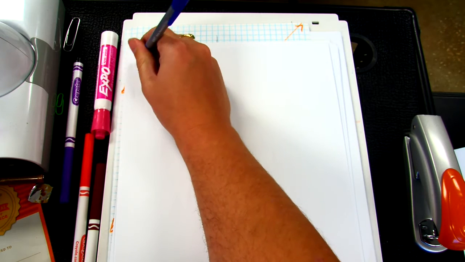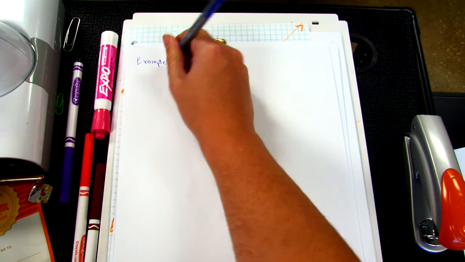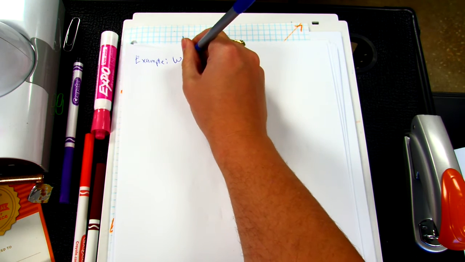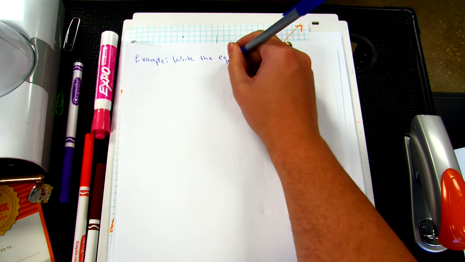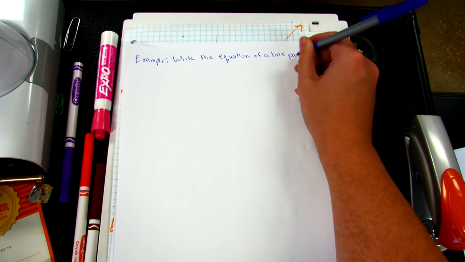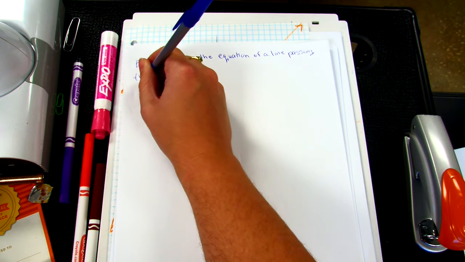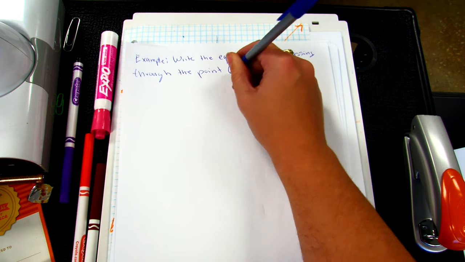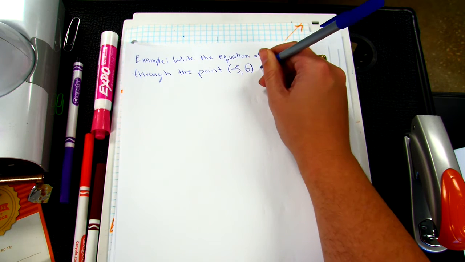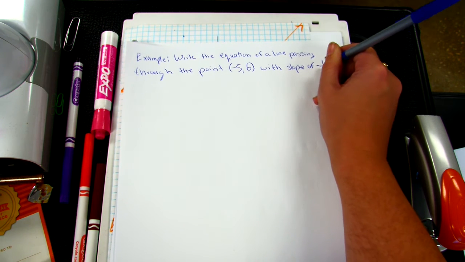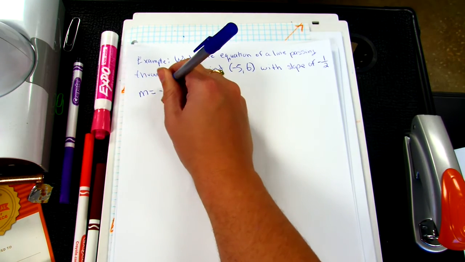Okay, so we want to write the equation of a line passing through the point (-5, 6) with a slope of -1/2. So we already know that our m is -1/2.